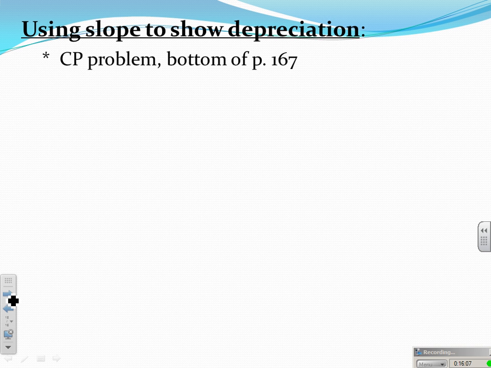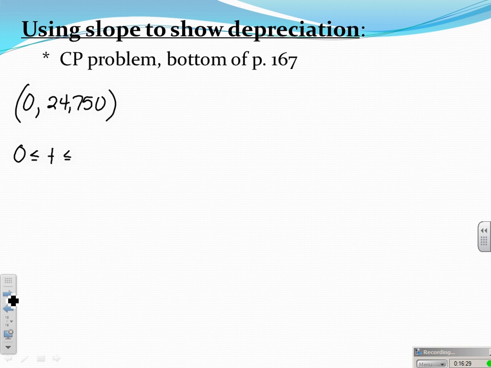All right, so a couple of facts that we know from this. Brand new, that machine was worth $24,750. So at year 0, it was worth that much money. Now, it's telling us that there's going to be 6 years worth of quality life.